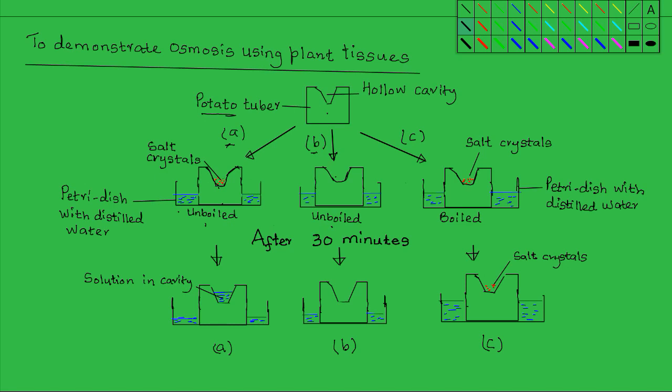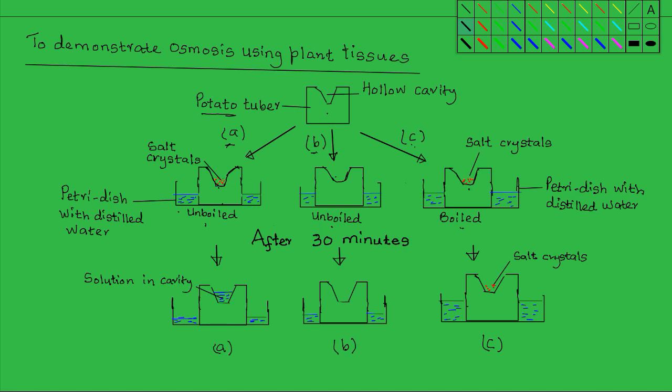In the second tuber, we will see that no solution is formed in the cavity, but the level of the water in the petri dish reduces slightly.